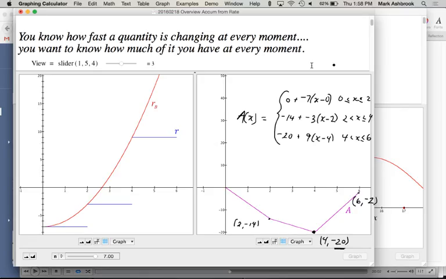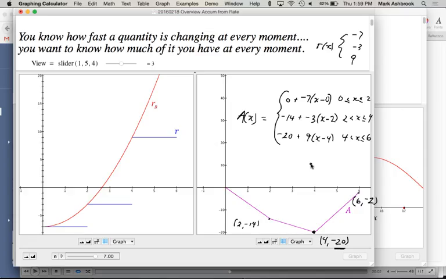If you defined R of x first, you could have defined R of x as negative 7, negative 3, and 9, and then you could have just written R of x there, because the R of x function gives you those values: negative 7 for that interval, negative 3 for that interval, 9 for that. So if you define R of x and then just put R of x there, that's great too, right?